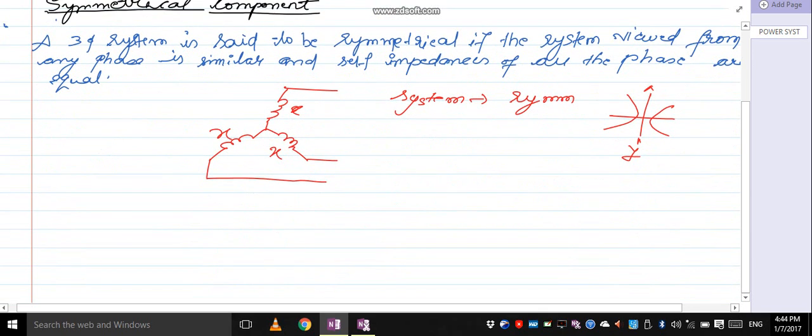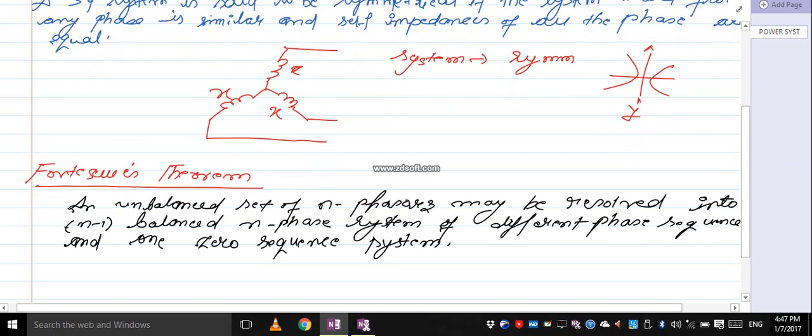Now a very important theorem is there, Fortescue's theorem. Fortescue's theorem says that an unbalanced set of n phasors may be resolved into n minus 1 balanced n-phase systems of different phase sequences and one zero sequence.